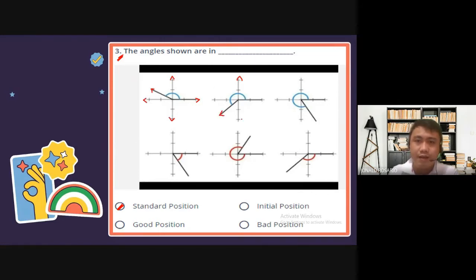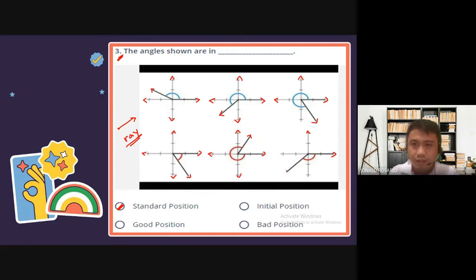So, lahat yan may arrow, because the sides of an angle are rays, di ba? R-A-Y. Ang isang ray ay may endpoint, tsaka isang arrow, ibig sabihin, extending infinitely.